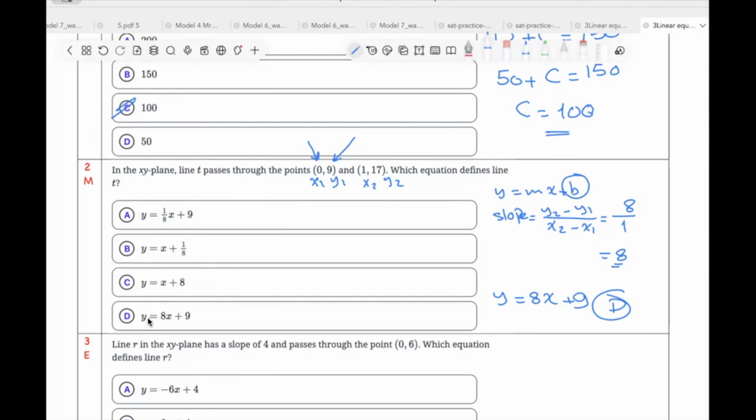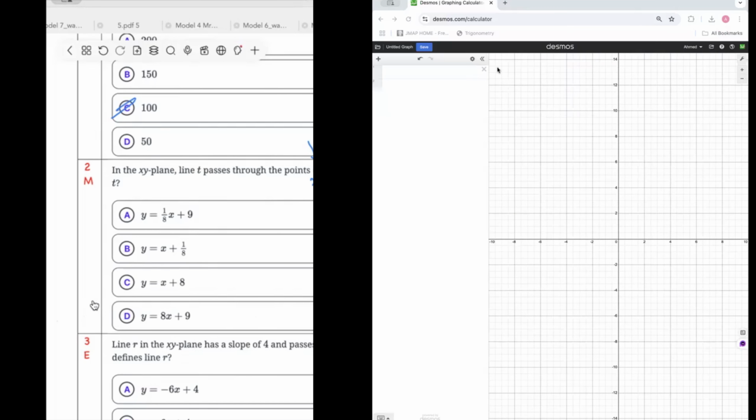Also, you can use Desmos to answer this question. If you have two points like this, you can use Desmos. You just press plus, then table, enter 0, 9, and 1, 17. Go down and write y1 tilde mx1 plus b.